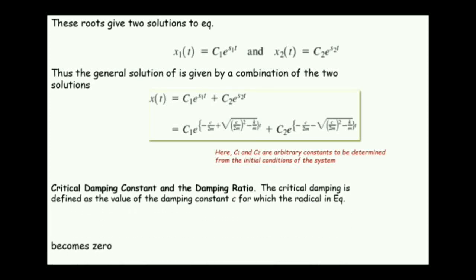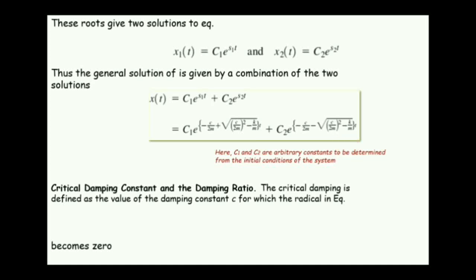Now we can simplify this solution, which looks very complicated. For that there is a term defined, the critical damping constant, which is defined as the value of damping coefficient c for which the expression within the radical sign becomes 0.